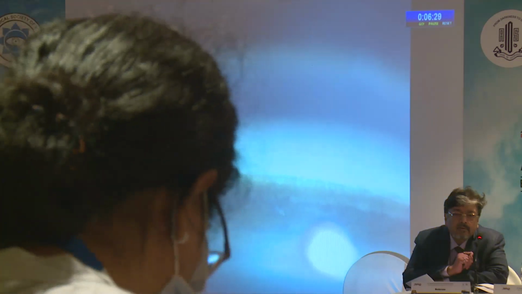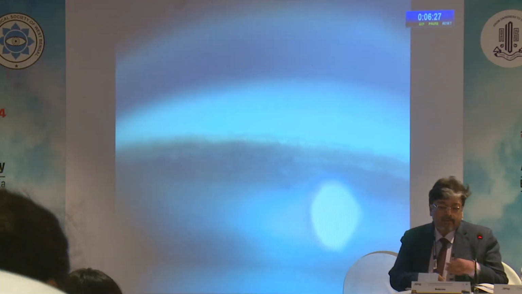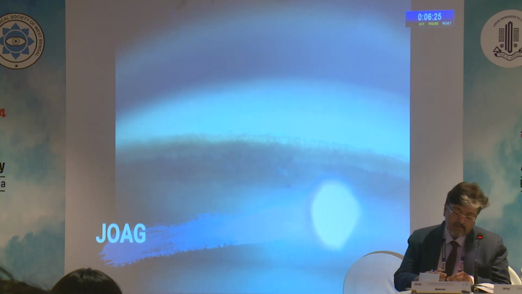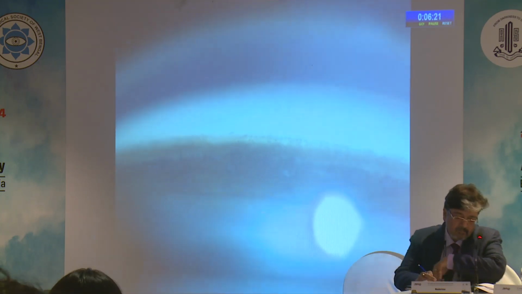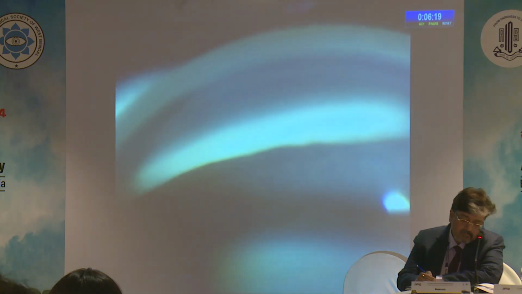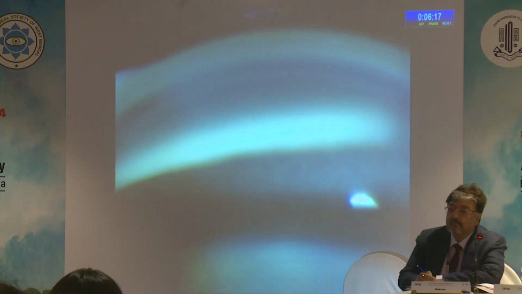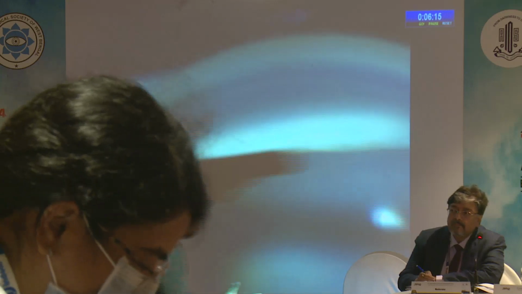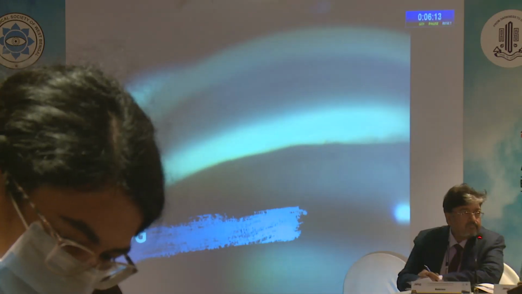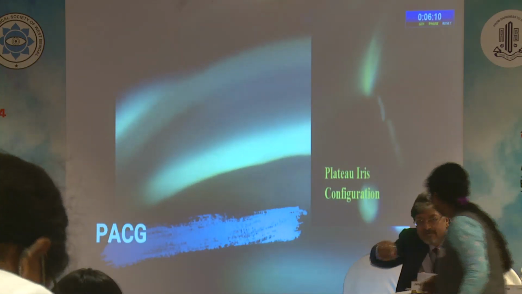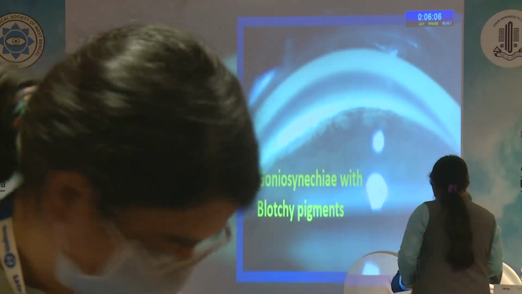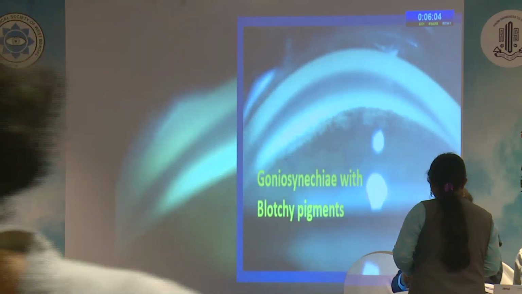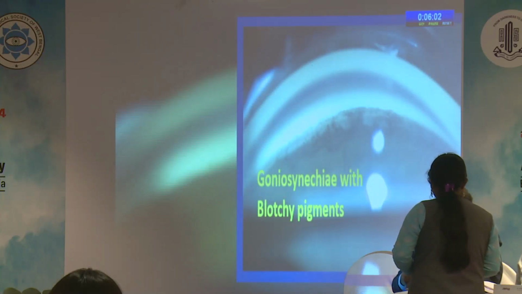In cases of juvenile open angle glaucoma, we see an open angle, and along with that we may see prominent iris processes. In primary angle closure glaucoma, we see that the angle structures are not visible, that is, the angle is closed. Along with that, in chronic cases, we may see goniosynechiae with blotchy pigments at or anterior to the Schwalbe's line.